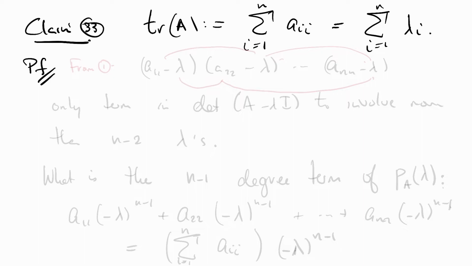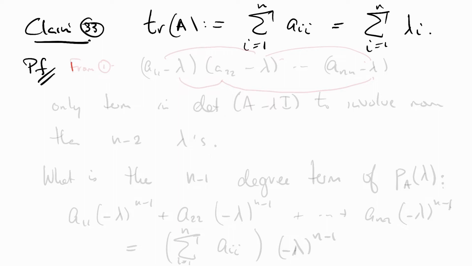Okay, so we know the only term of the determinant of A minus lambda I to involve more than n minus 2 diagonal elements is the term in 1.